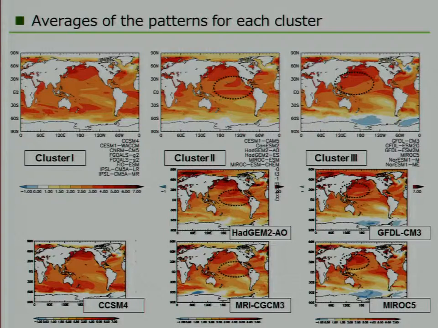And yes, the same can be said for the GFDL model and the MIROC model. So we may be able to say that these clusters can represent these CMIP5 model results.